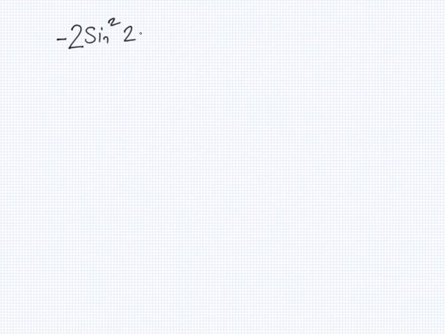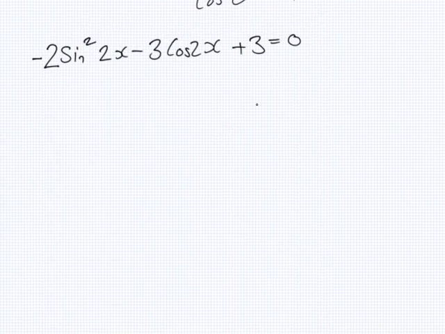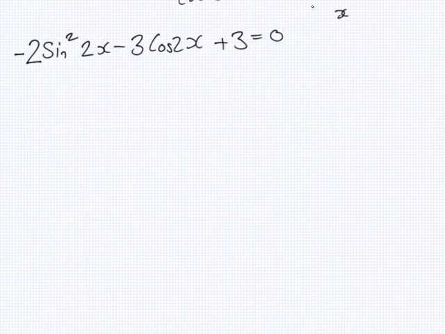Right. Let's look at this one. We'll say minus 2 sine squared 2x minus 3 cos 2x plus 3 equals 0. And for this one, x is between 0 and 360.